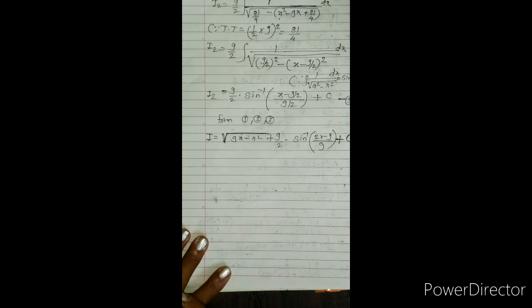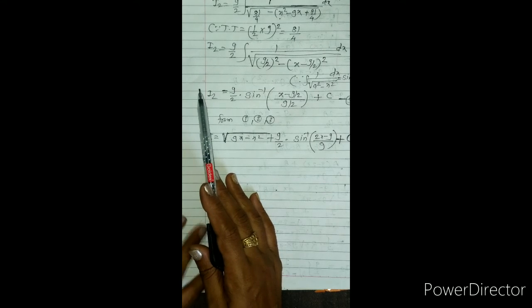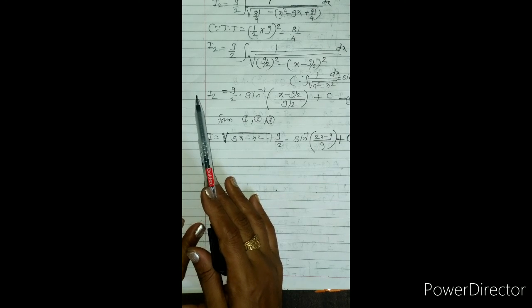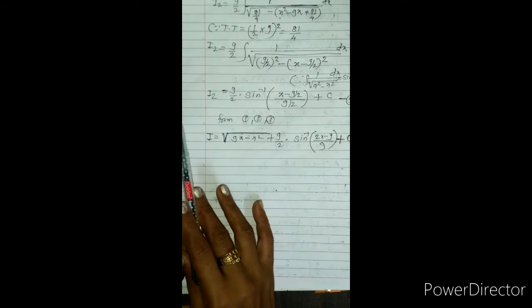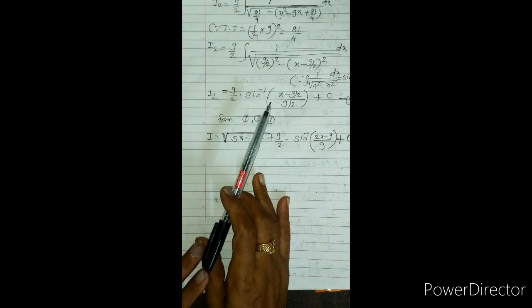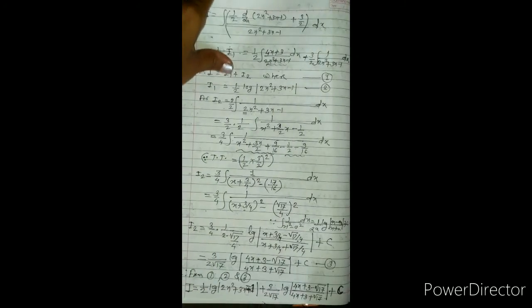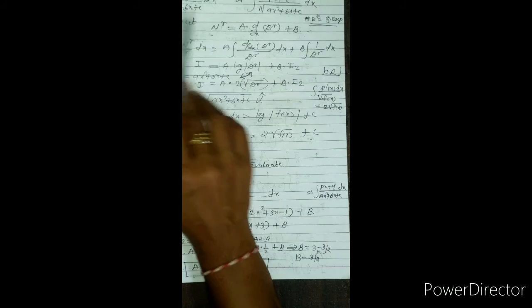Therefore, according to the board, there are very few questions on that topic, and up to 2020 no question has been asked in the question paper from this topic. Again, in your textbook the topic is given as the integral of a quadratic expression, meaning we take a linear upon quadratic, but there is one more question given on this topic as a linear expression multiplied by a quadratic.